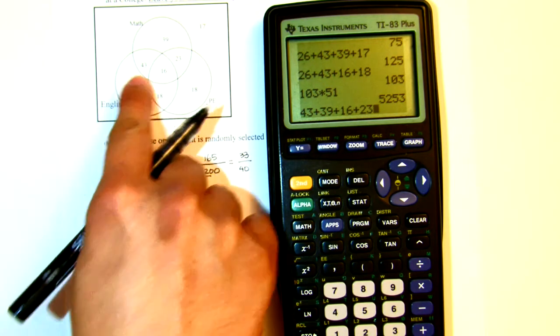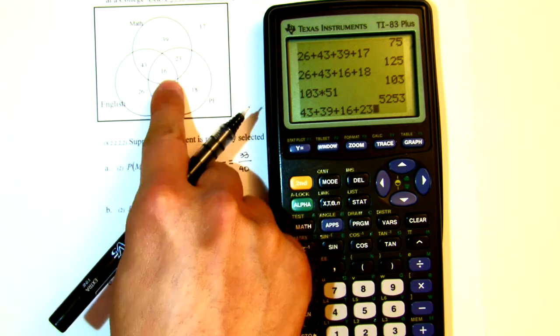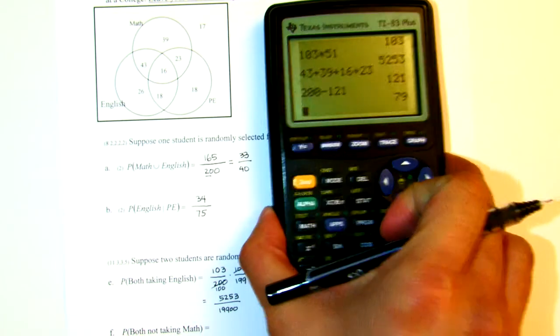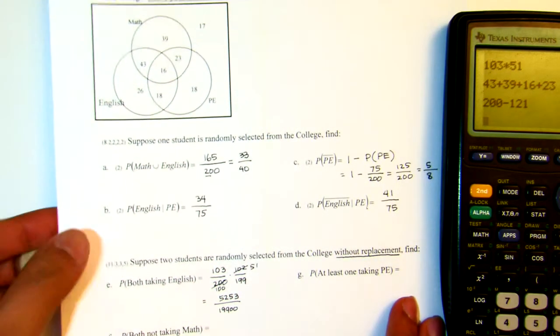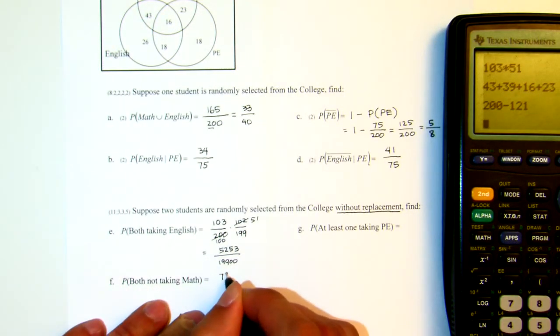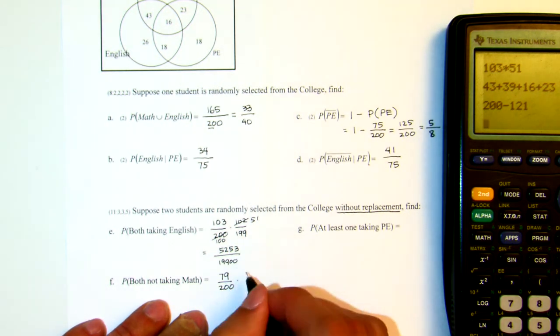This is the number of students taking math. Now, how many are not taking math? That's 200 minus 121. There are 79 students not taking math. So the probability of the first student not taking math is 79 over 200, times the second student not taking math, with probability 78 over 199.